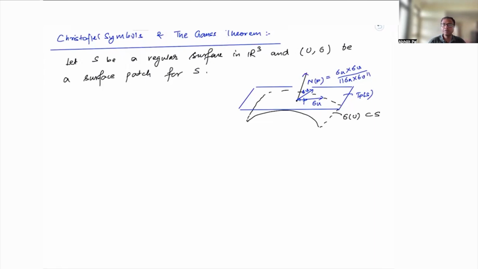So we have these three vectors, sigma u, sigma v, and this N, which let us call N bar. They are linearly independent in R3.